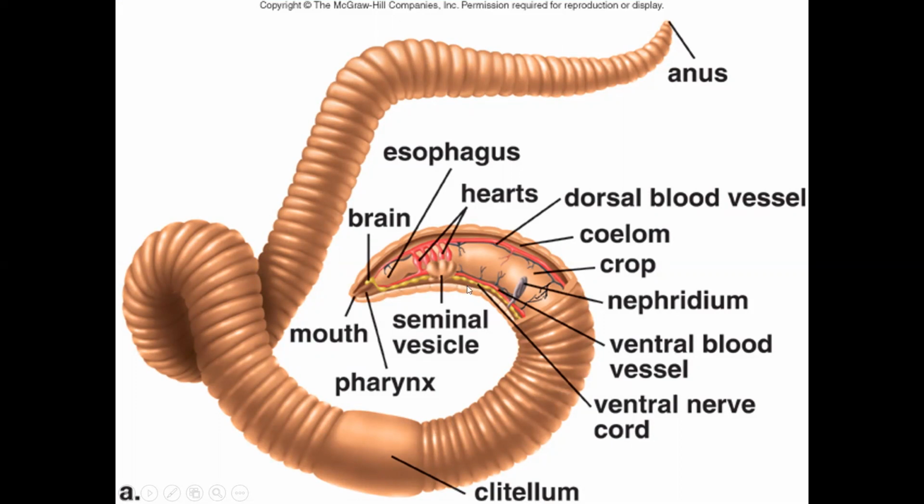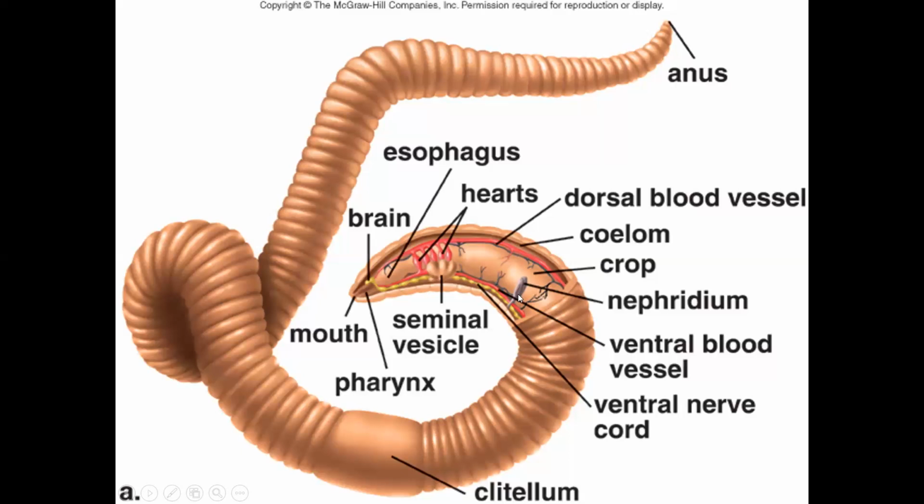And here the nerve cord is not a backbone. This is just the nerve running along there. But this is where we begin to see that structure occurring.